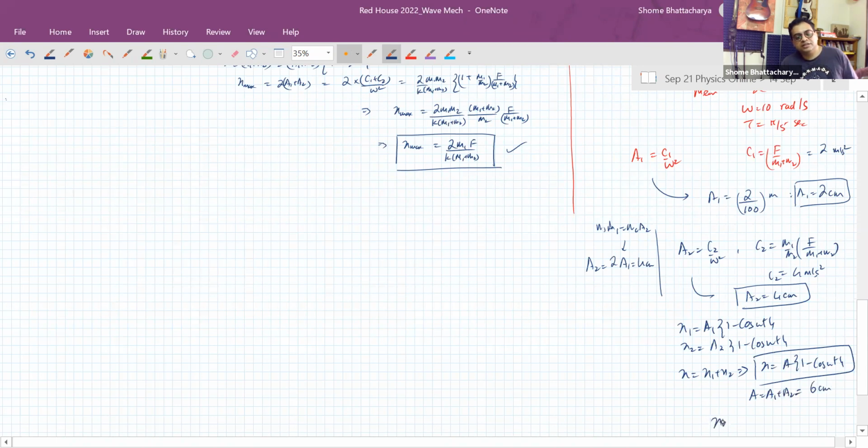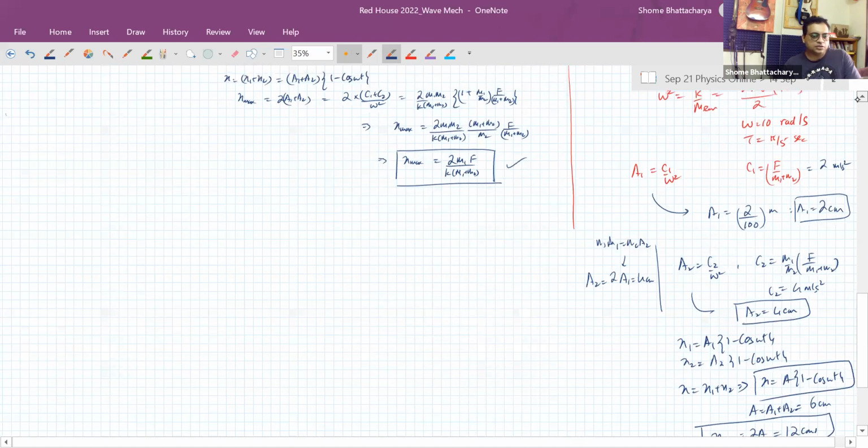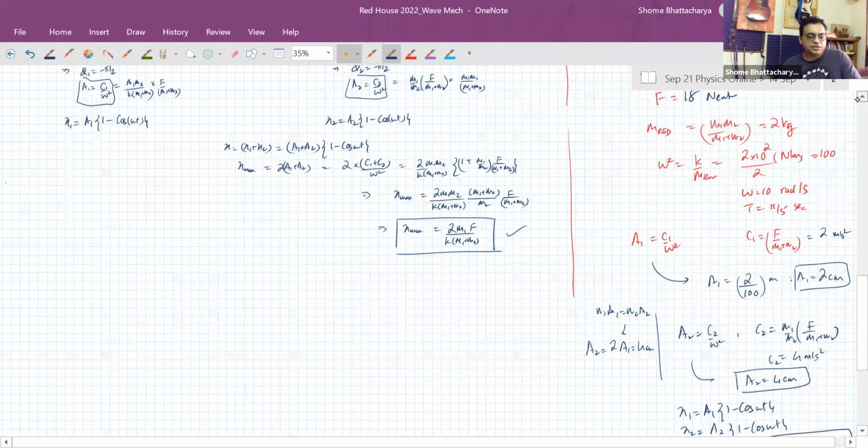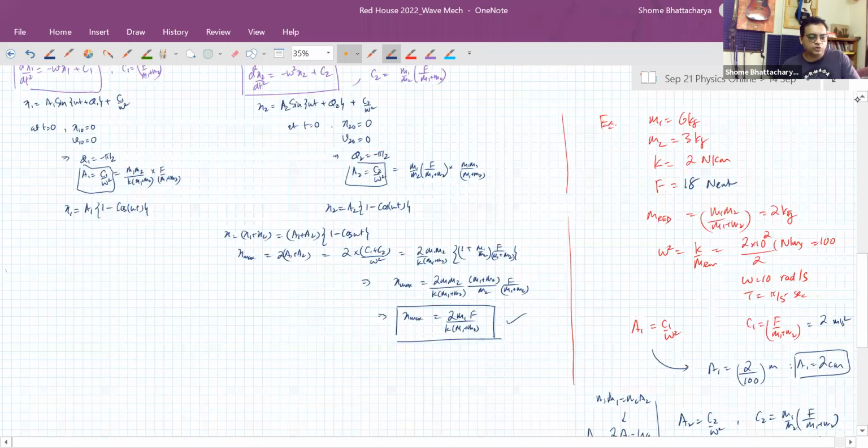So the maximum extension would be 12 centimeters. So this would be a numerical example of this particular situation. So I'll just discuss to you how this happens dynamically speaking also. This all we have got from SHM.